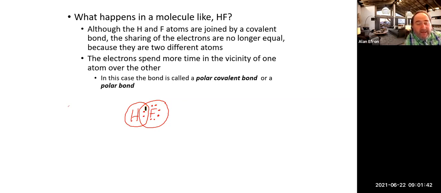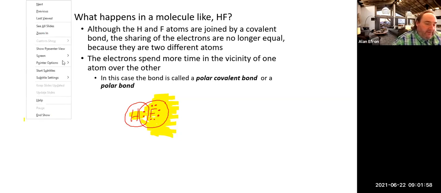So fluorine's going to kind of hog all the electrons and get a lot of the electrons to come and kind of hang out over by fluorine. A little bit of them will hang out by the hydrogen here. And we then get really this unequal sharing of these electrons occurring.